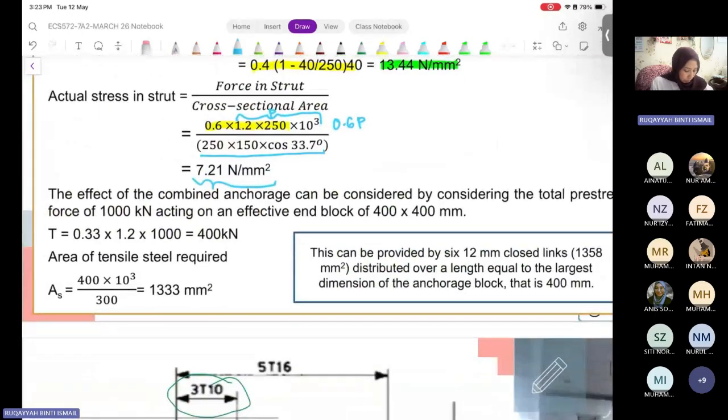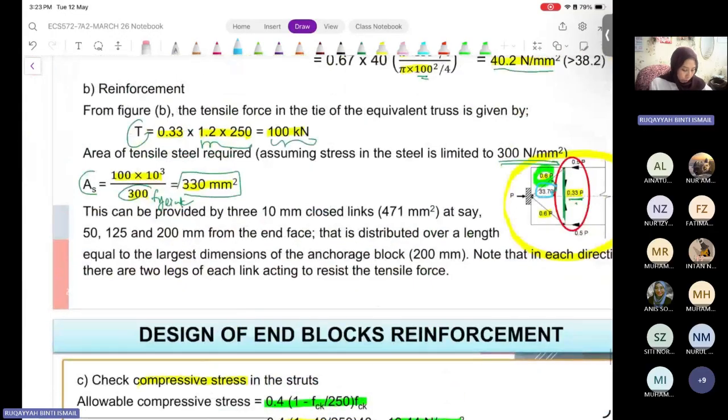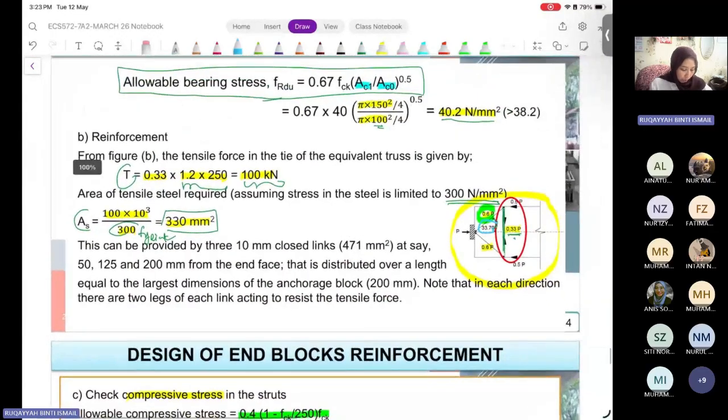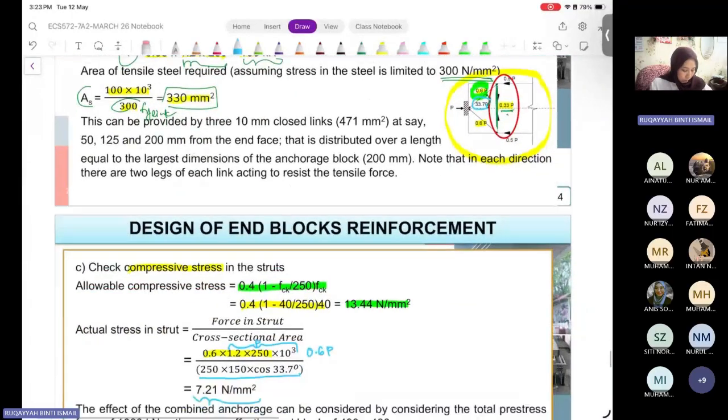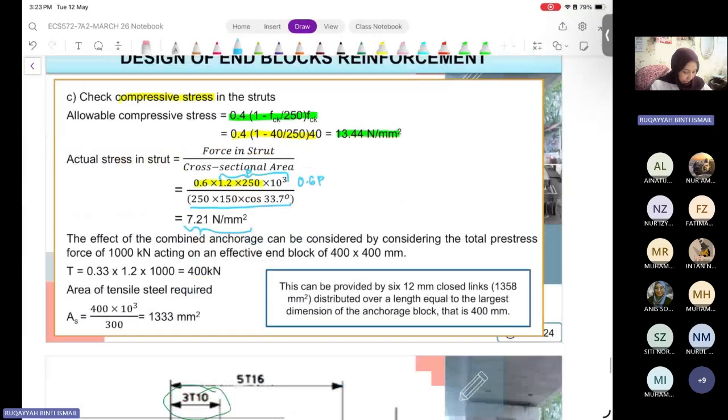We can provide a total of 1,000 kN because we have the total from the compression, and the total from the tension, which is 400 here.